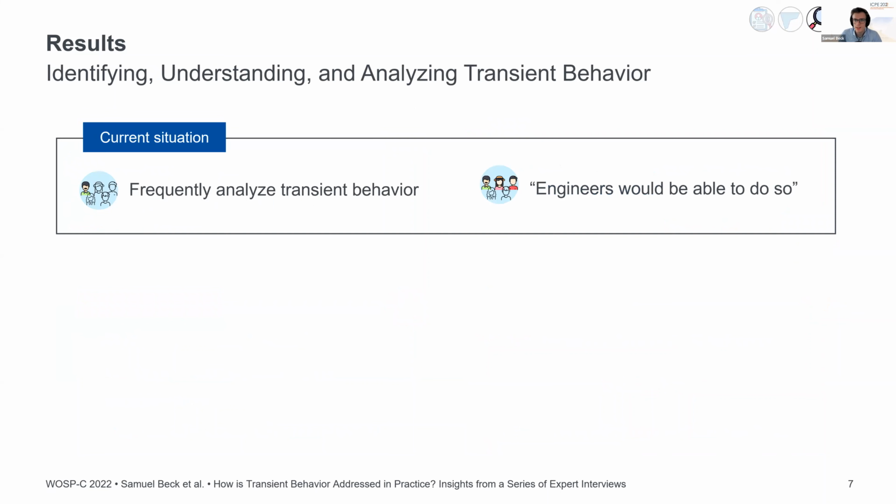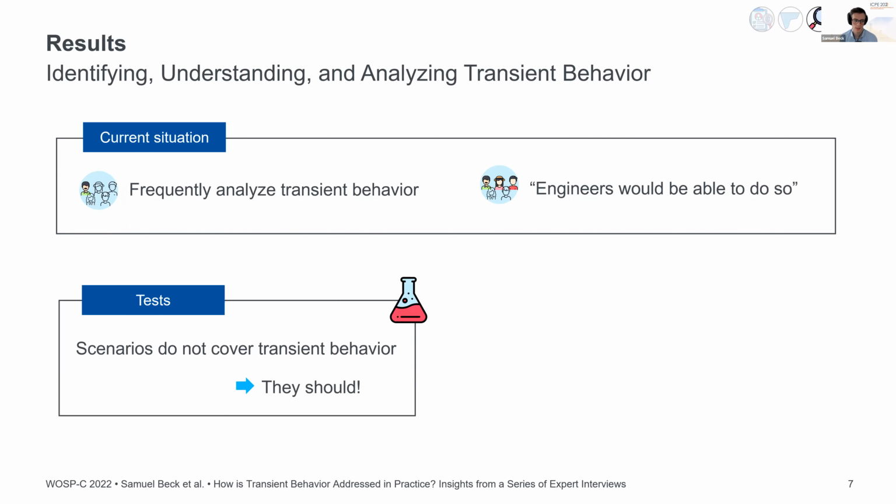With respect to analyzing transient behavior, currently only at one organization of those 5 that we talked to, engineers are analyzing transient behavior frequently, and 3 of the interviewees stated that they believe the engineers would be able to understand and analyze transient behavior if they had to.